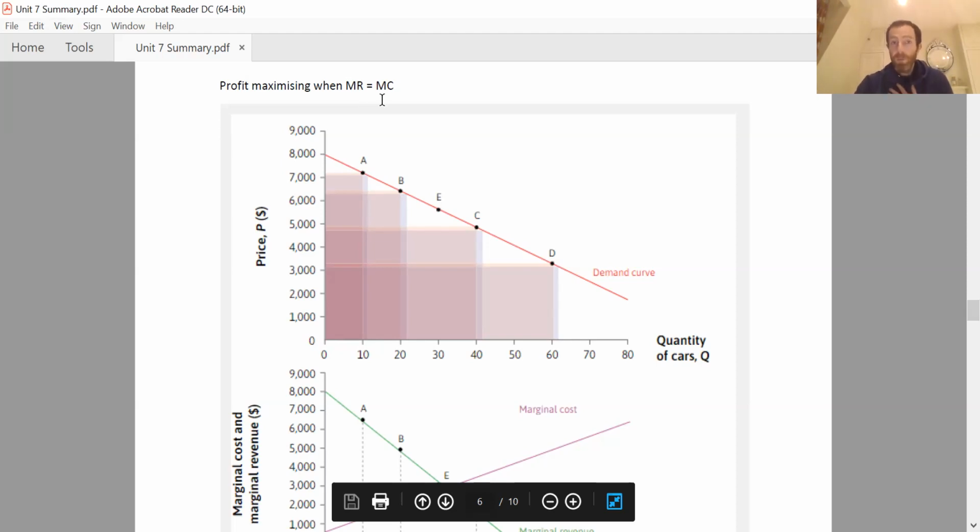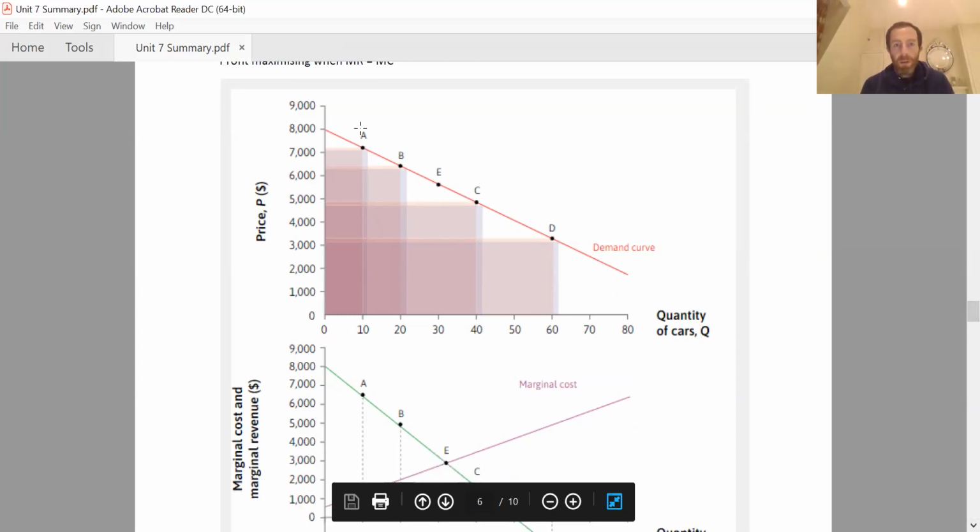Now, marginal cost we've seen before, that's the extra cost if a firm decides to produce one more good. Marginal revenue we haven't seen before, but same sort of idea. It is the extra revenue a firm would gain from producing and selling one more unit of output. So how do we find the marginal revenue curve? Well, that's what I want to talk through here.